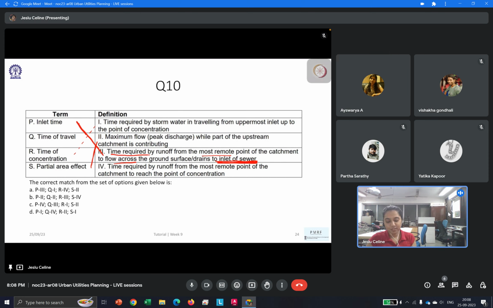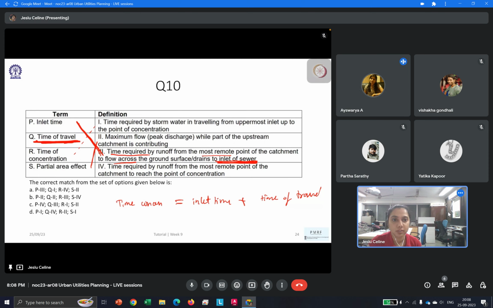So you're wrong, there is some change. Let's see. We have learned that time of concentration is divided into two parts: inlet time plus time of travel. Remember such a relationship?